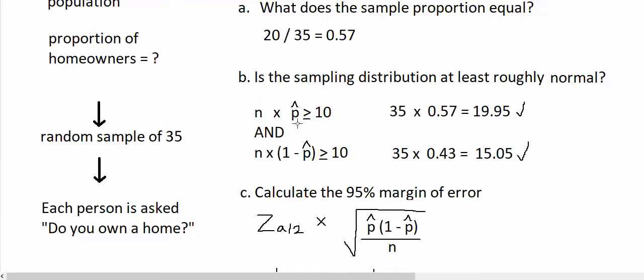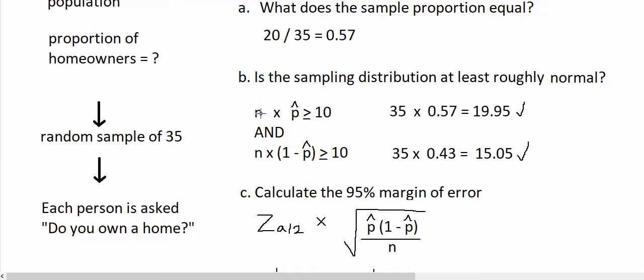It wasn't p hat. But in this question, the population proportion is unknown. It's not provided, which means we have to substitute the population proportion with the next best thing. The next best thing is our sample proportion, p hat. So we put p hat in its place.